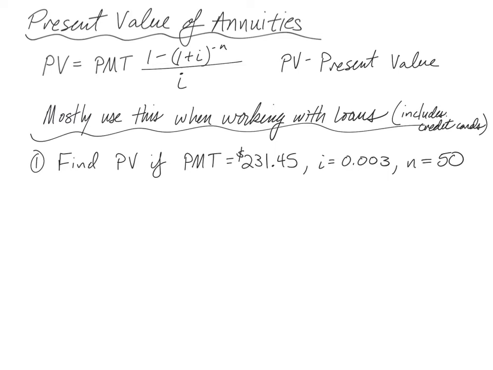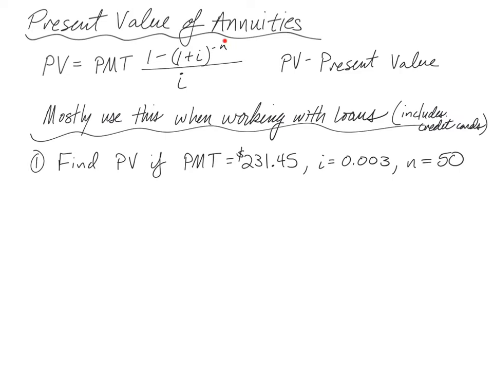So here we have the equation for the present value of an annuity, where PV is present value, PMT is the consistent payment that you are making into the annuity, 1 is just 1, I is the interest rate per compounding period, which means if you are not just given that information, you have to divide the annual rate by the number of compounding periods in a year.